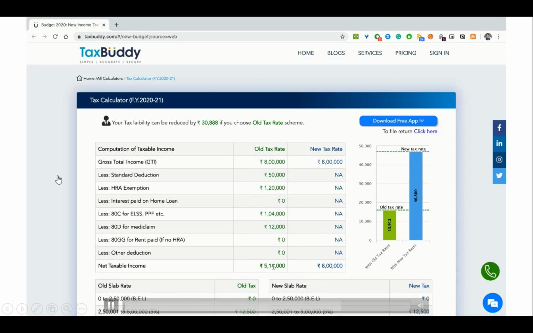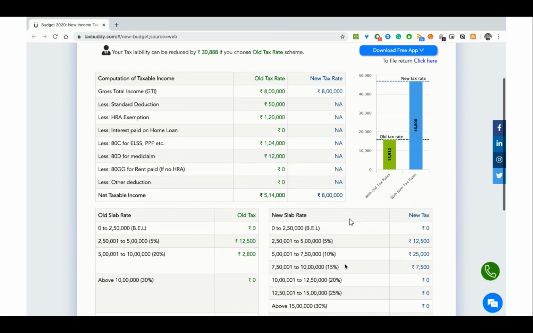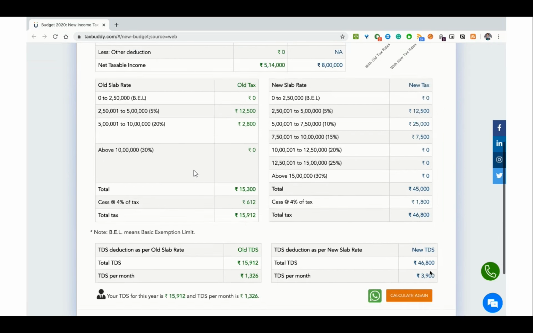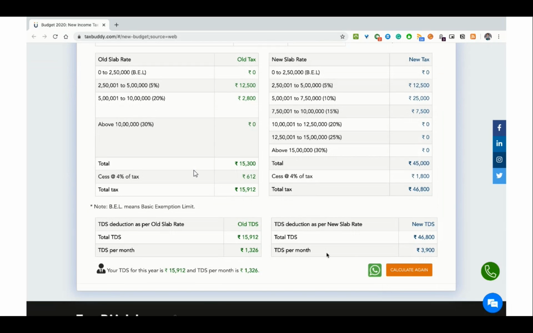How? All this computation, what has been considered in the old tax regime and what is not, how the tax has been calculated based on the slab rates applicable in the old and new tax regimes. And lastly, we are also giving the TDS amount per month which will be deducted from your salary.